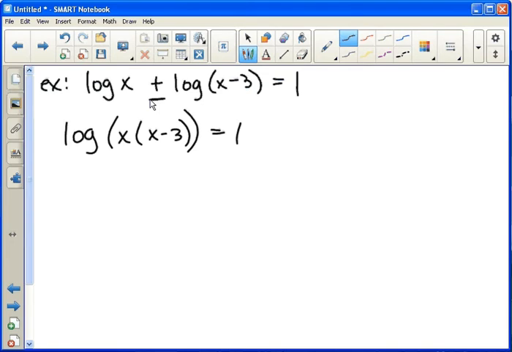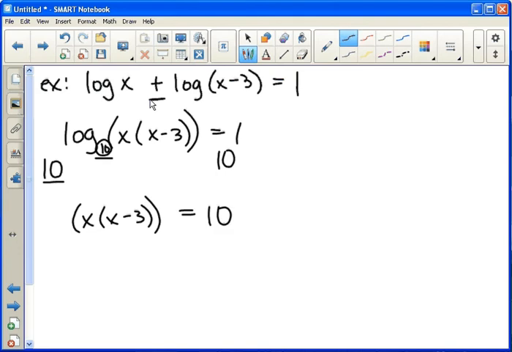Okay, now we have to think, what's our base? Well, wait a minute, there's no base written there. So you got to remember, this is the common log. This is the one that's understood to have a base of 10. So we want to raise both sides to become powers of 10. So this 10 and this 10 cancel each other out, and it just leaves x times x minus 3. Over here we get 10 to the first, which is just 10.